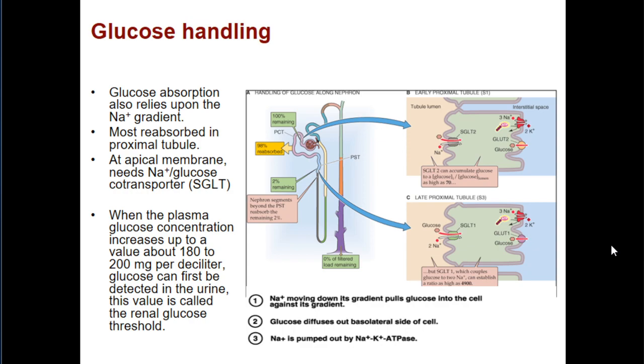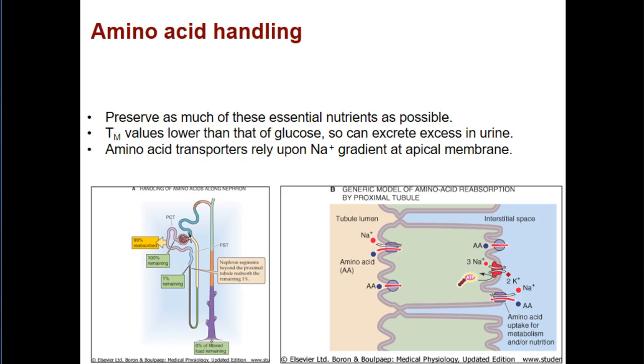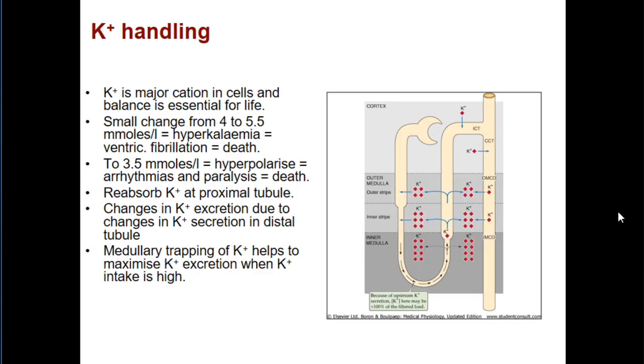That is what is called renal glucose threshold. Amino acid handling is pretty much the same as the one for glucose. It also requires sodium cotransport based on exactly the same mechanisms.